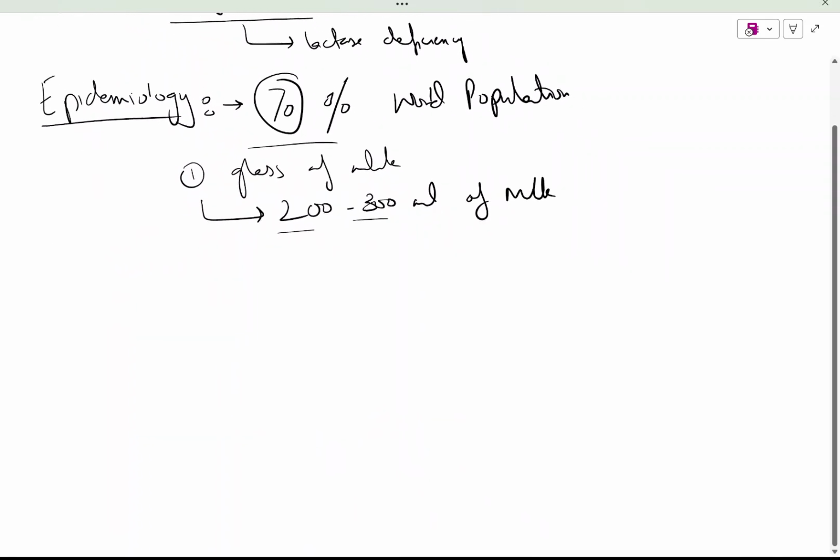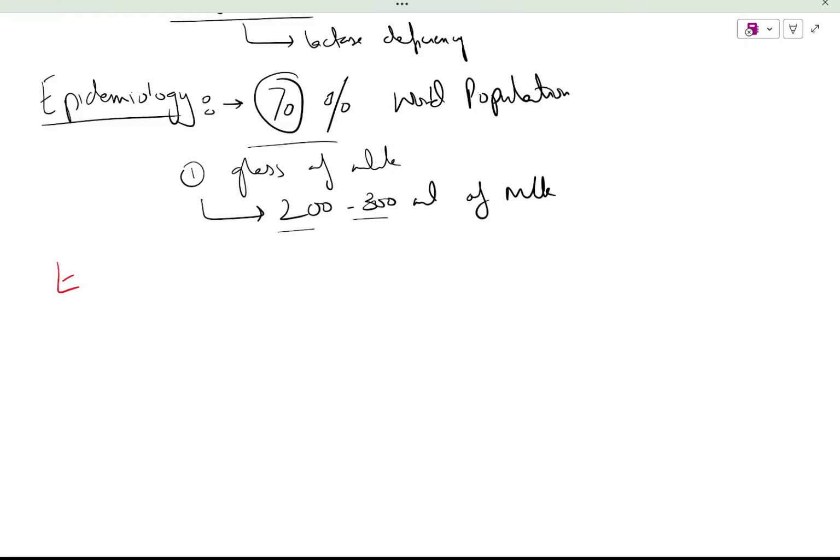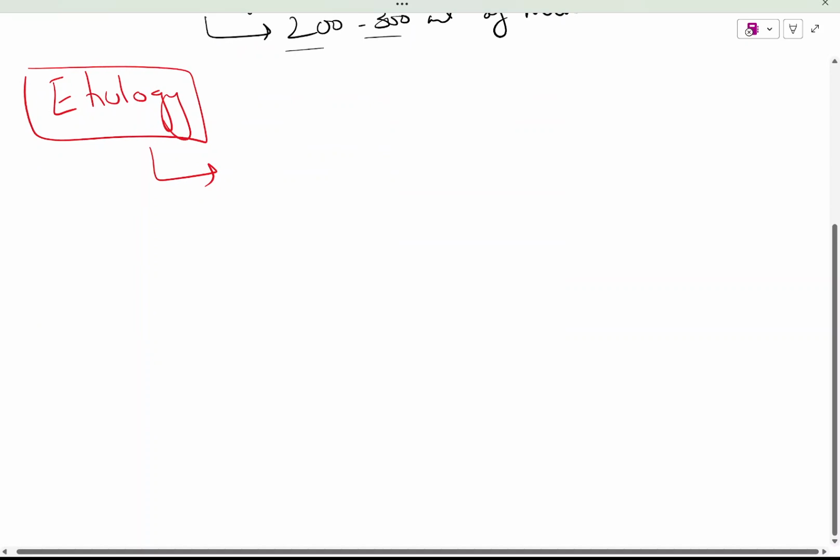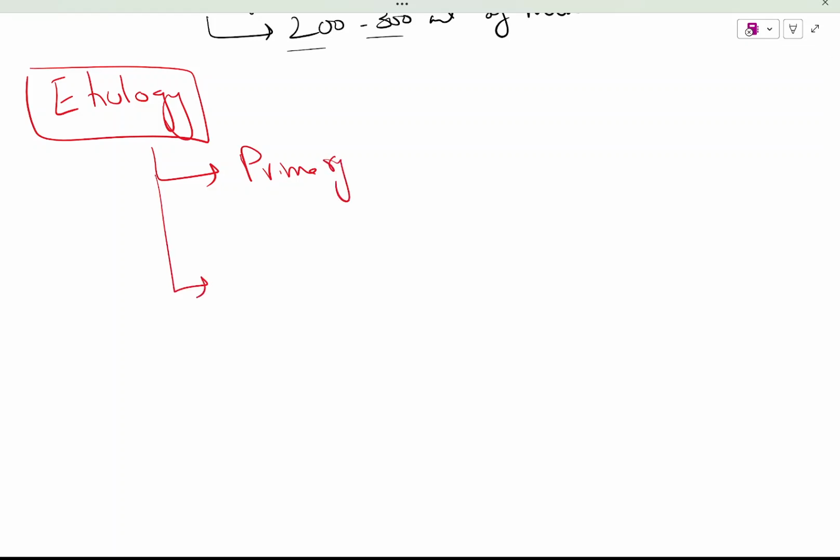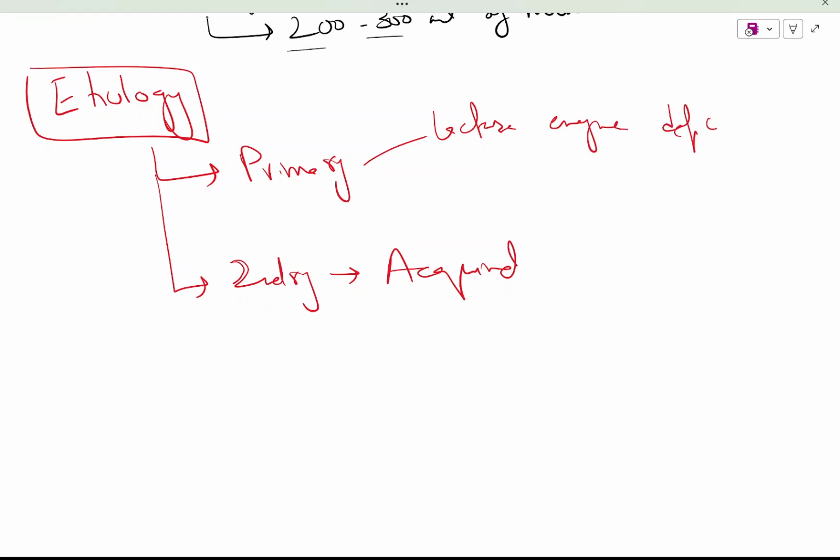So what is the etiology of lactose intolerance? We are going to discuss the etiology very briefly. There are two causes: primary, where there is no production of lactase enzyme, and it is the most common, and secondary. In secondary causes there is an acquired cause, which we will discuss later. In primary, the lactase enzyme is deficient.